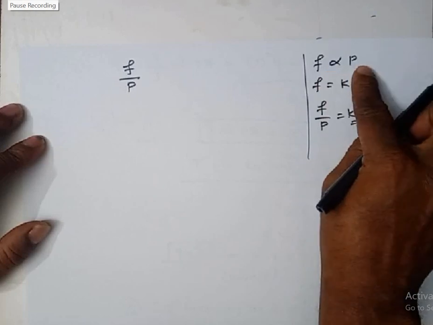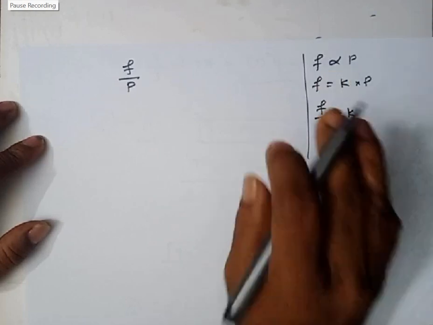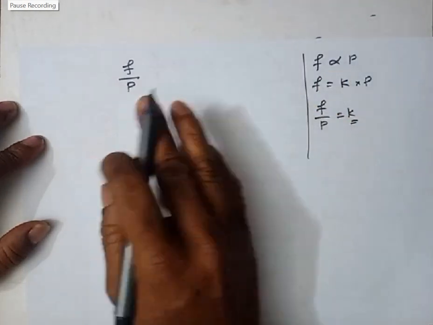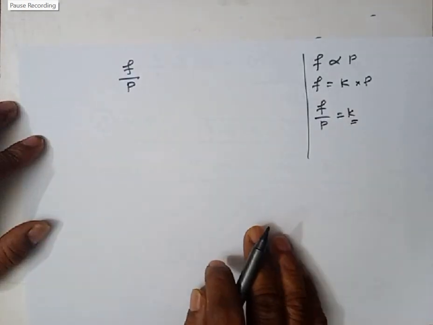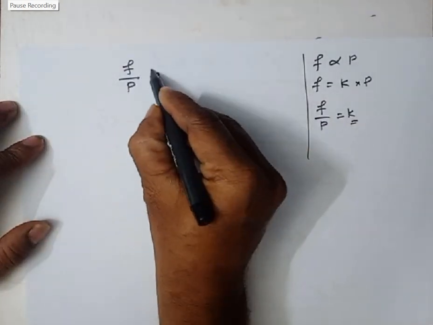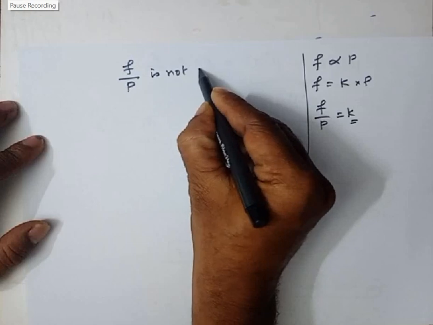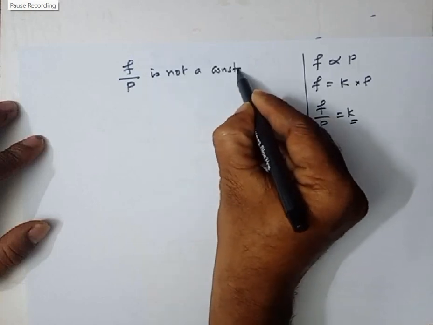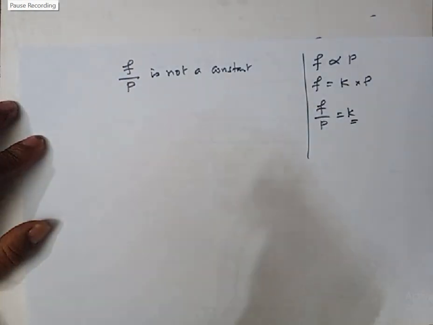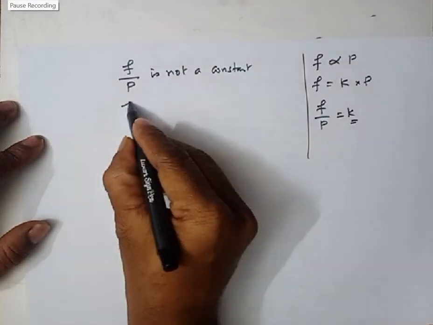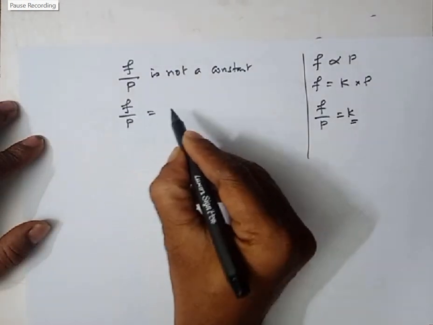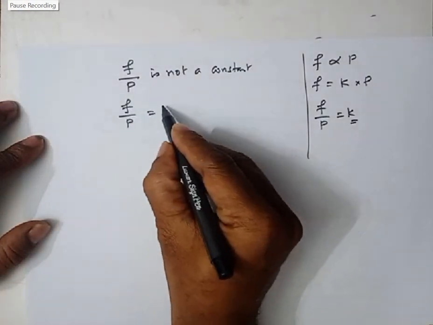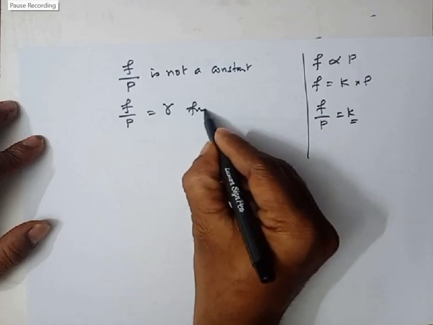If F is proportional to P, I can write F by P equal to constant. Now what I am saying is that F is not proportional to P. Therefore, F by P is not a constant. It is not a constant for a gas. Or I can say F by P is some coefficient called fugacity coefficient. Take note.